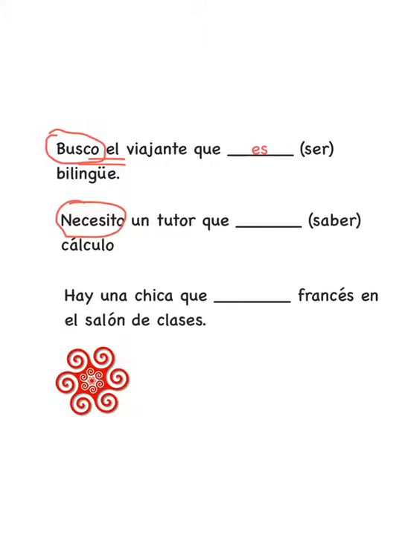We are using here an indefinite article, un tutor, a tutor. Therefore, we actually don't know him. We need one, but we're not sure we're going to find him or her.